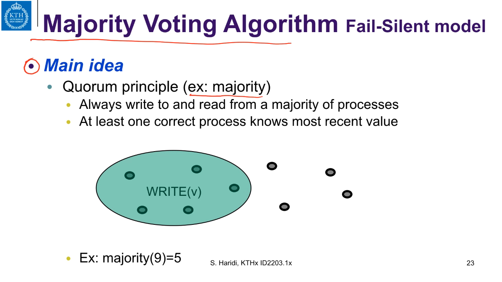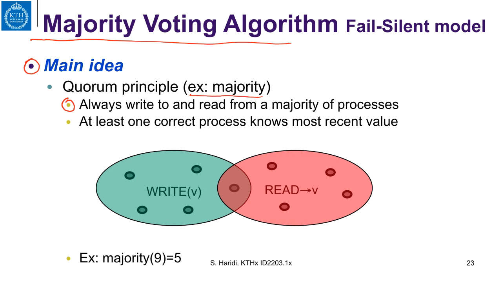So we always write and read from a majority of processes. And from a majority, we know there is at least one correct process that knows the most recent value. Here's an example where a majority is 5 out of 9, and here is the overlapping process.